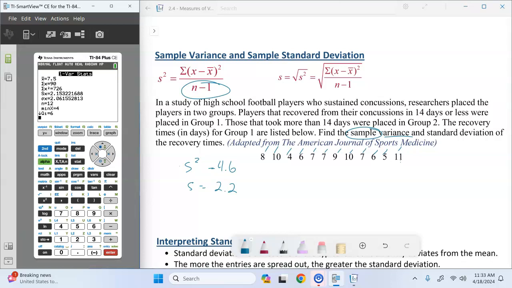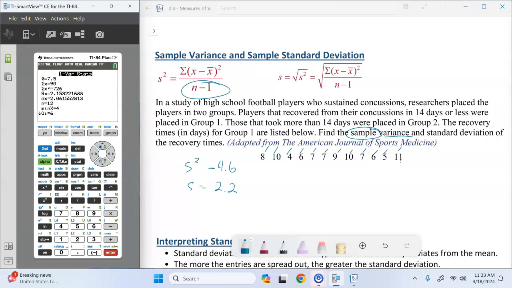With a standard deviation of 2.2, that means that most of those students recovered somewhere within 2 days of 7.5. Either 2 days more, 2 days less than that mean time. So most of them recovered in around 5 to 9 days. That's what our variation tells us. How far away from the center?